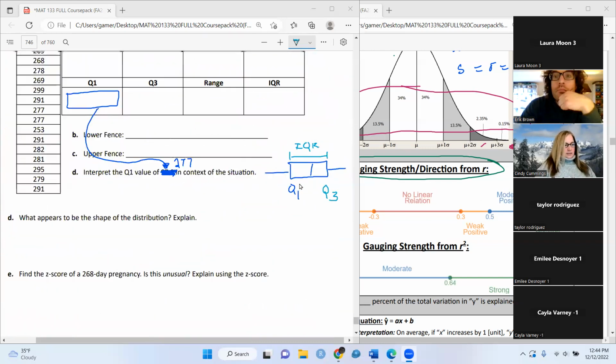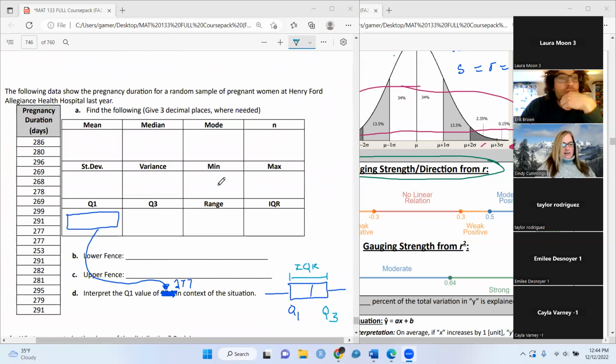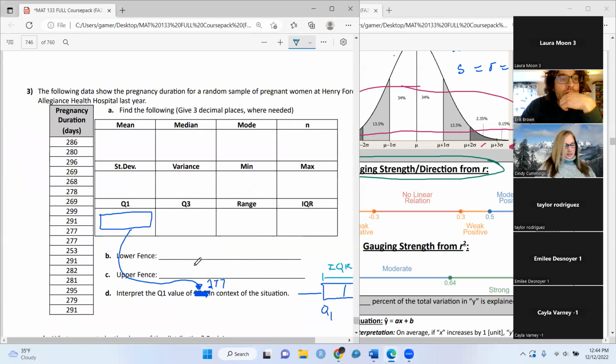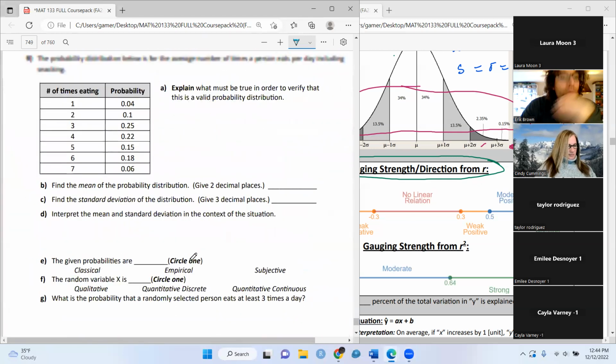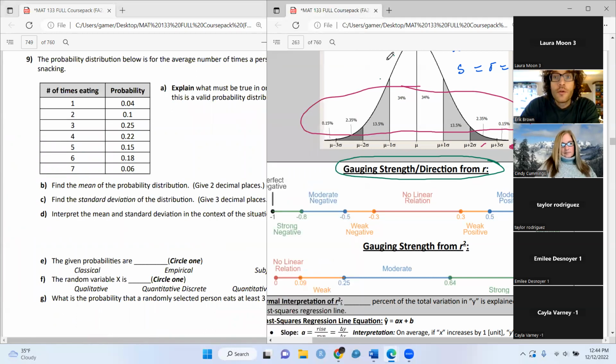So Eric, they were asking a question on number 9. Taylor was on number 9, parts B and C. That's another thing, the page where it shows how to interpret the mean and the standard deviation. I'm looking for it in my notes right now.